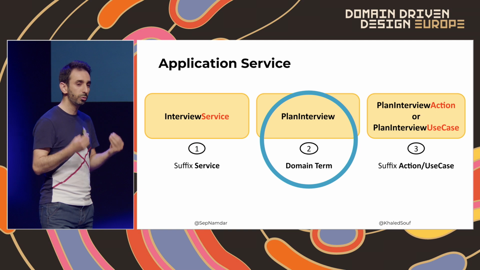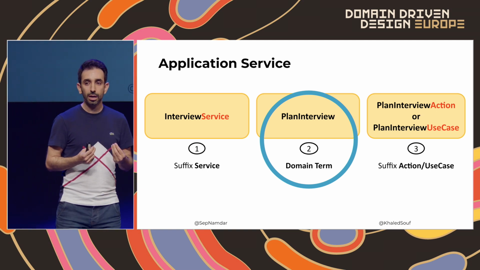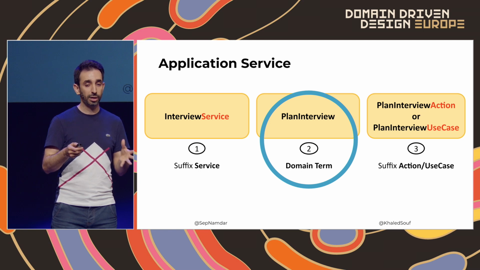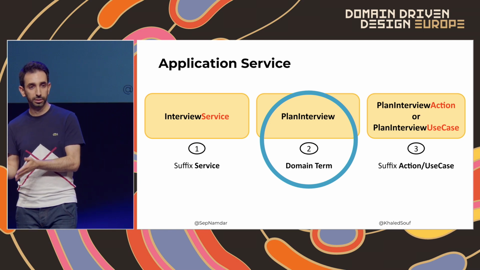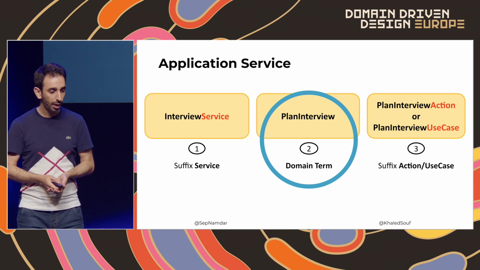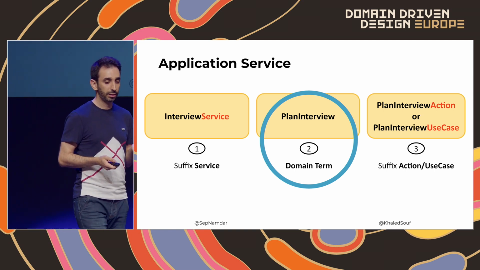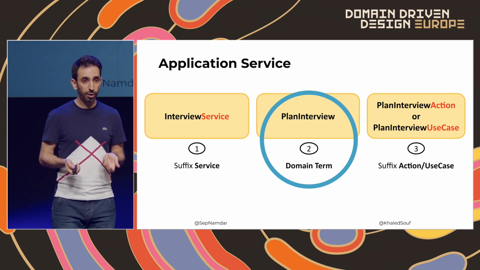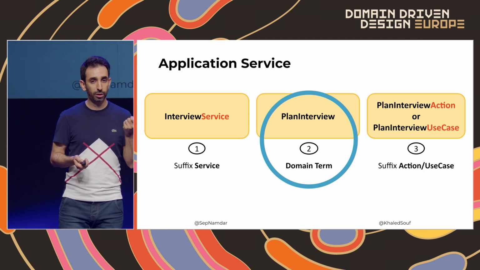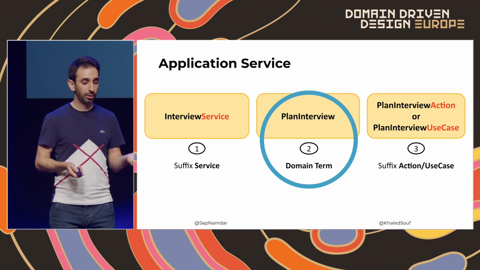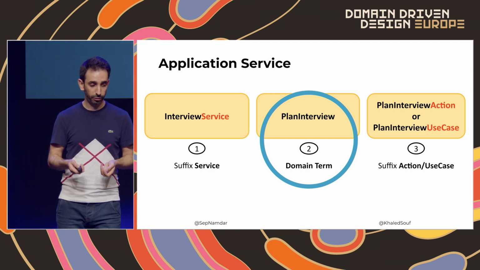Because the use case is something that is very important for my business, for my domain. Okay, so we go for plan interview. And this plan interview is expressed as a verb. I can understand that when I go to this class, I'm supposed to see the scenario of how to plan an interview.